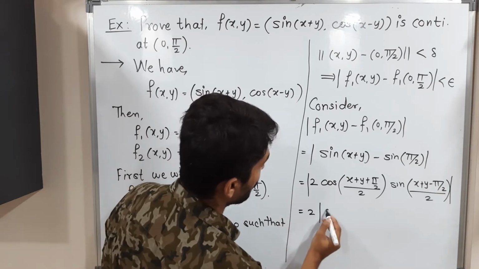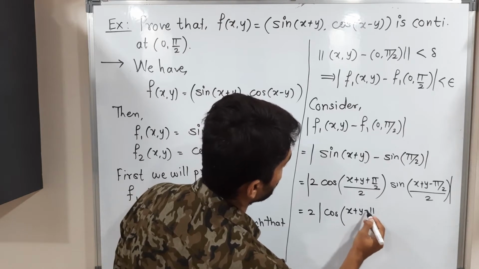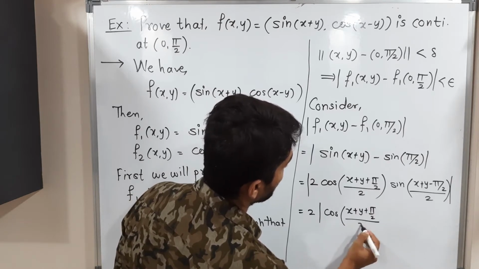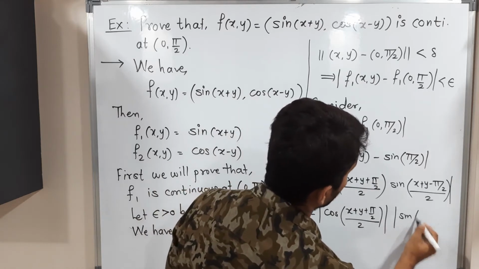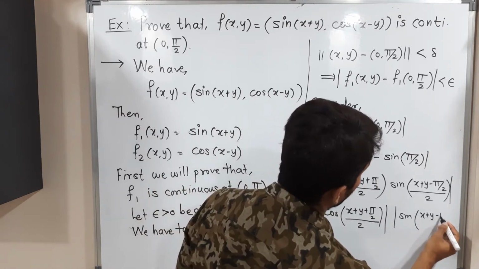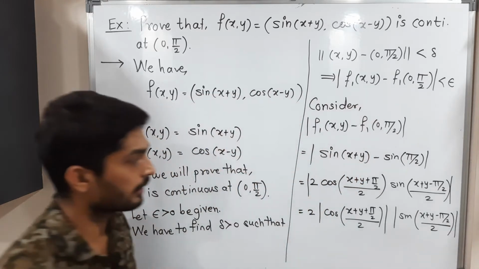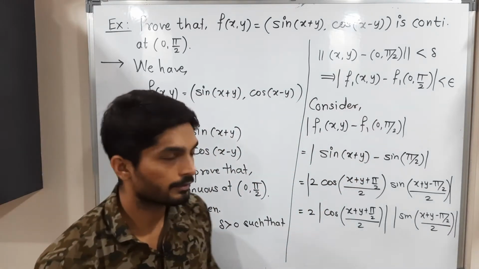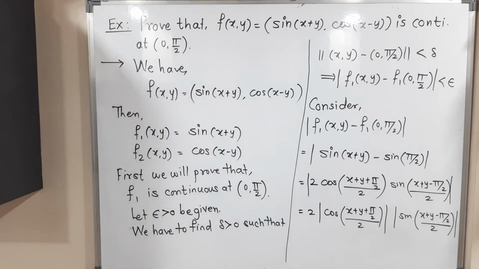So 2 mod cos((x+y+pi/2)/2) and mod sin((x+y-pi/2)/2). Okay, so actually we can solve it further, but before that I suggest you take a screenshot of it, and after that we will go further.